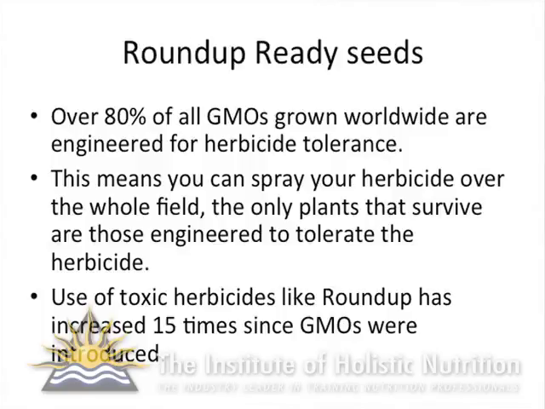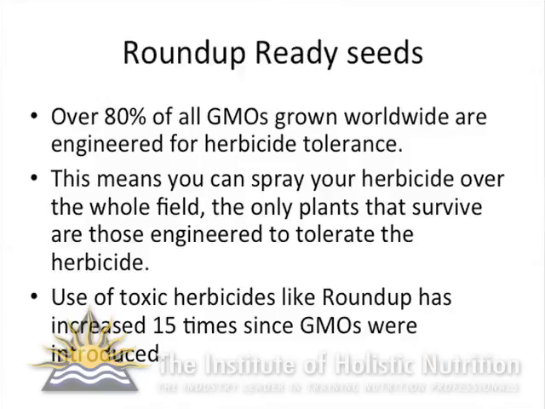This was sold to farmers by saying you'll spray less, you'll use less chemical, because you can just spray liberally. But what they're finding, and I've seen this stat go between 10 to 15 times more actual Roundup being used. So we're actually using more herbicide.